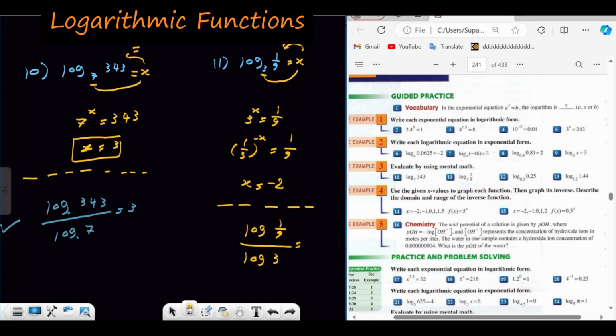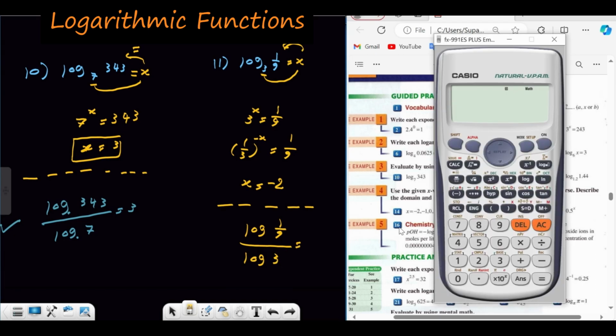Let's try it by a calculator. We have log, in parentheses 1 divided by 9, close the parenthesis, and divide by log 3. You will get negative 2. So here you can write negative 2. That's how you get the result.